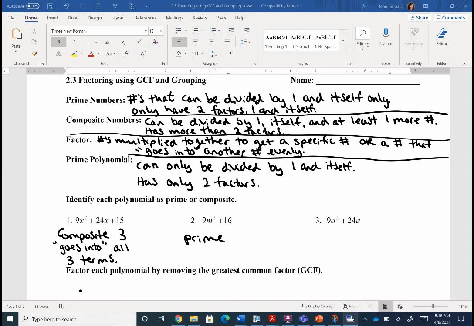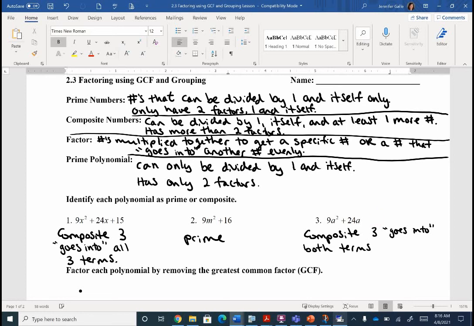All right, guys, so what do we think? Prime or composite on 3? Okay, composite. Can somebody give me one reason it's composite? What do you think, Molly? Okay, so 3 goes into both terms. What else goes into both terms? What do both terms also have?